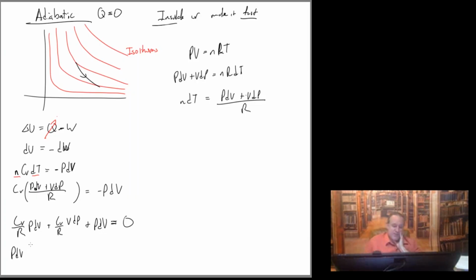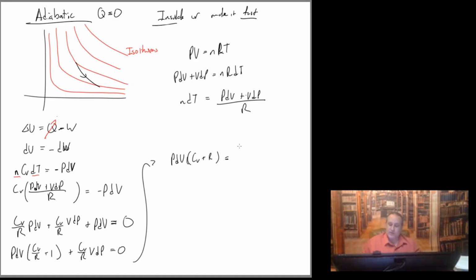So P times dV factors out, and we have Cv over R plus 1, plus Cv over R times V dP. Now, to try to make the algebra a little nicer, I'm going to multiply both sides of the equation by R. So when I do that, the Cv over R becomes Cv, and the 1 becomes an R.